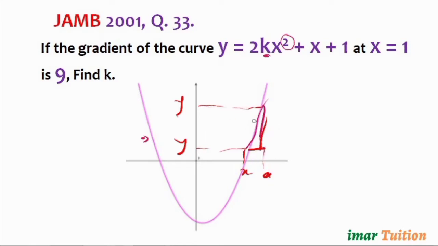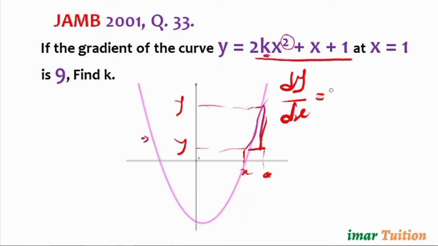The gradient of this equation, which is change in y over change in x, if we take the limit, gives us dy/dx, which is equal to the derivative of this equation.